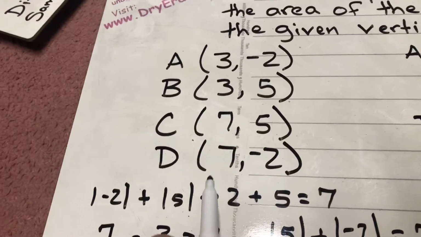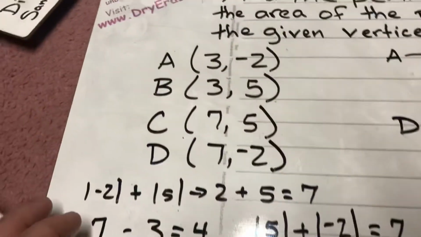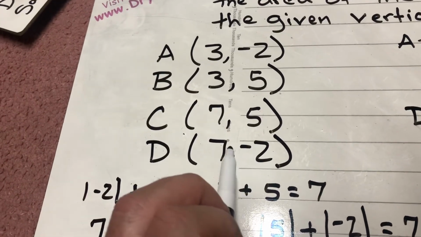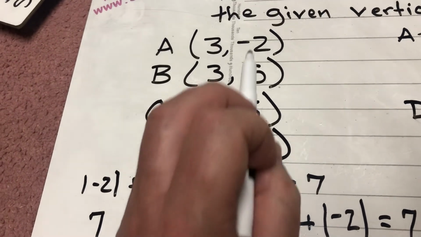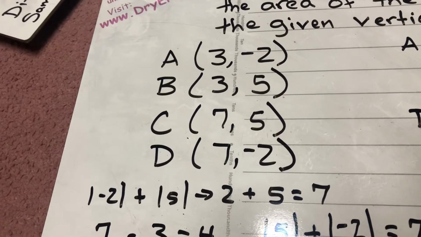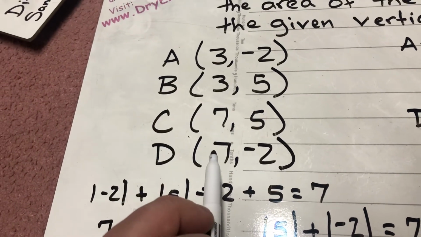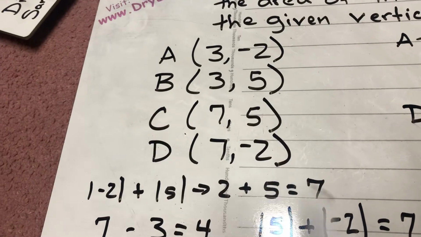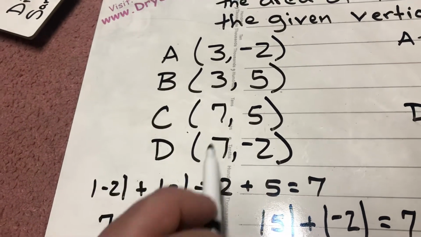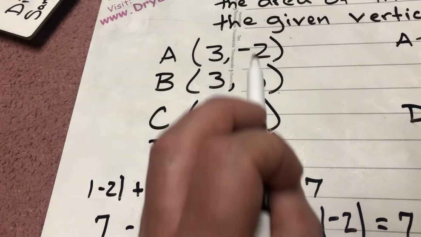Now, the difference between D and A, this distance right here. The X coordinates are both positive. The Y coordinates are both negative. So that tells me, once again, they are in the same quadrant. They actually have the same Y coordinate, but the key here is that they are both negative.